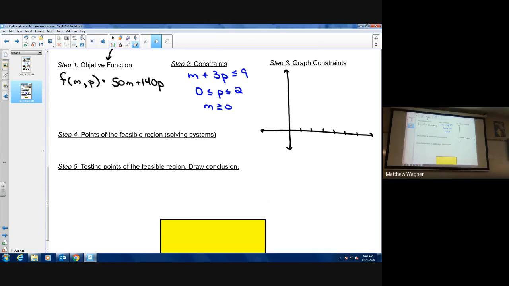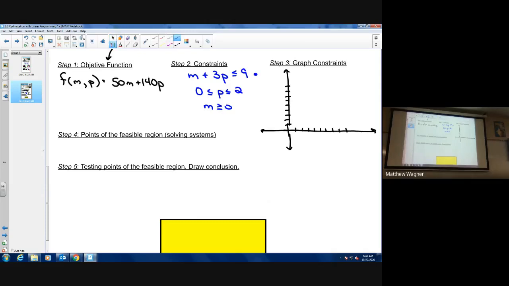Wait, I should have done 9 on the x-axis, sorry. It would help if I actually had a graph here. Then we'll go to town.